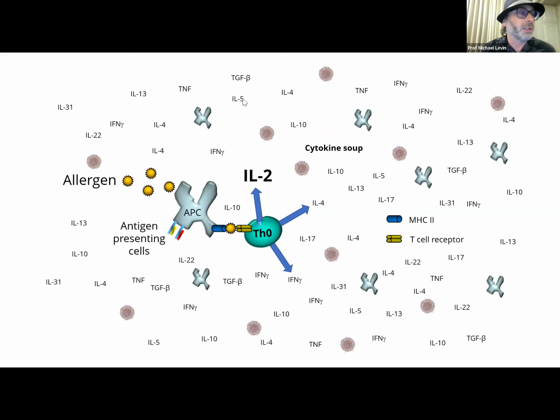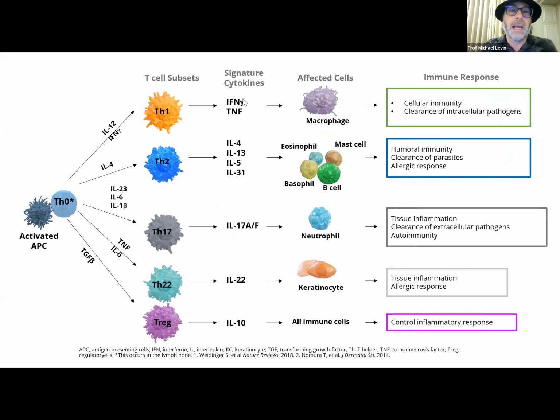And if you're a person who's got lots of different allergy-related genes, then you'll find that you are skewed towards one of those particular phenotypes, which is type 2 immunity, which, as I've said, is one of those many different pathways that that Th cell can take when it goes to university. It can either grow up to be a Th1 cell, which is supposed to clear intracellular pathogens, or a Th2 cell that is supposed to clear parasites, or a number of different other pathways that cause both good things as well as bad things if they're dysregulated.